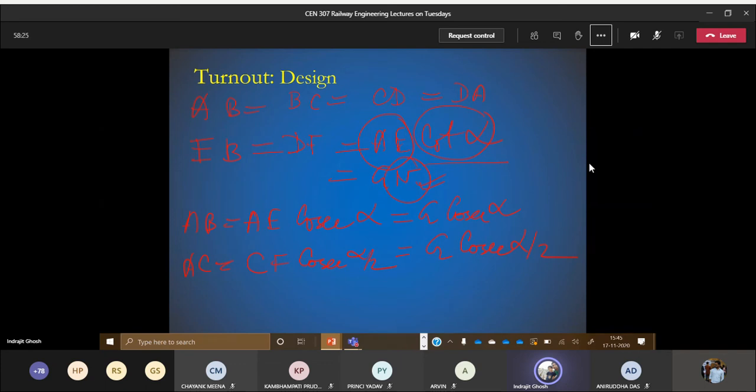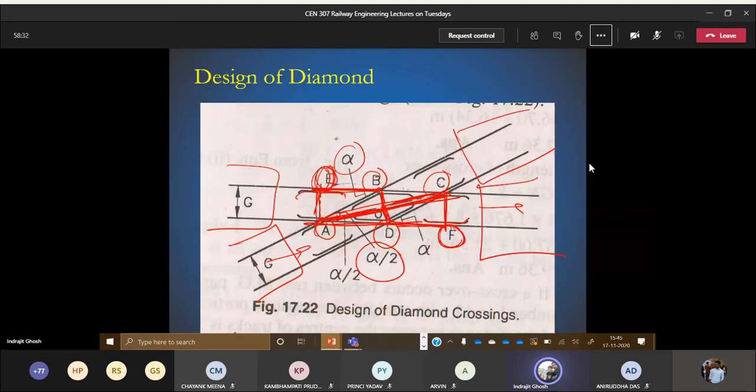What about BD now? There is again one small triangle that I can see.